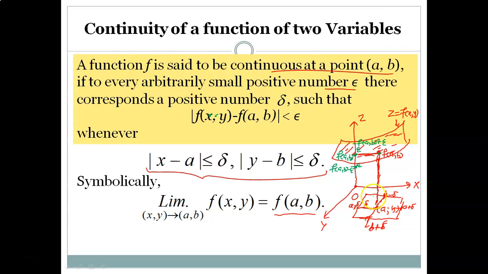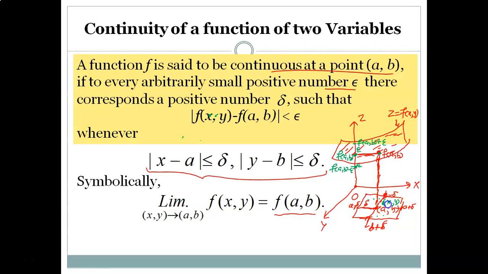So you can see if the situation is like that, this f(a, b) is close to this point. This f(a, b) is around this point. If I'm taking some arbitrary point (x, y) in the whole square here, I can take anywhere.